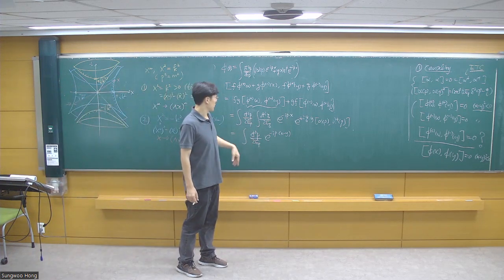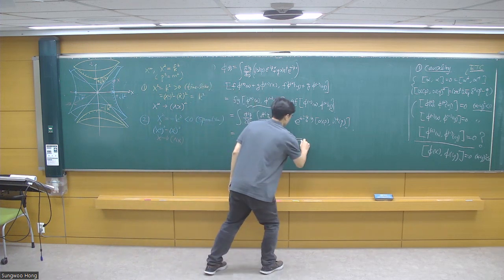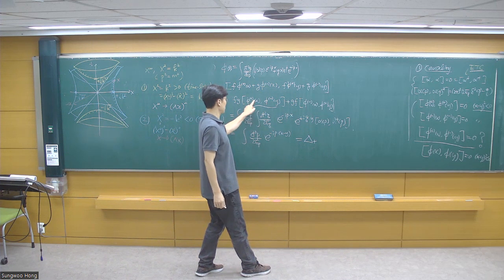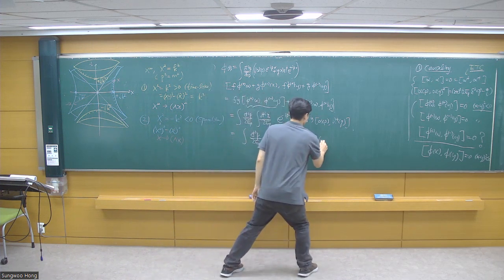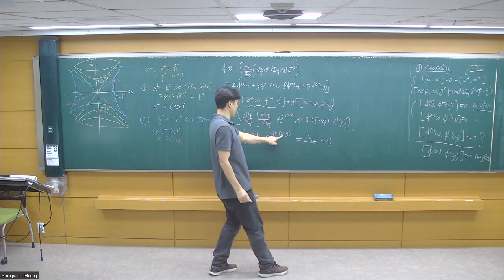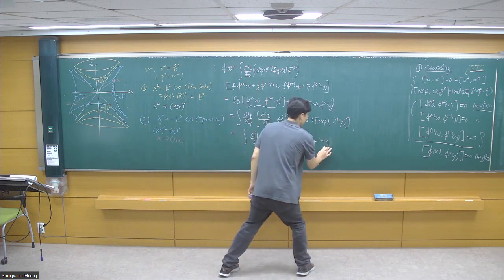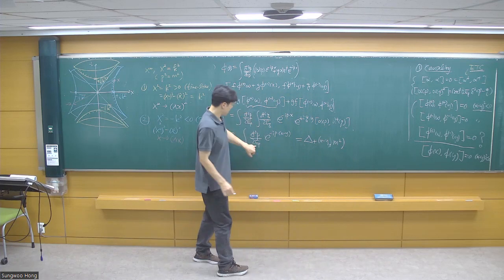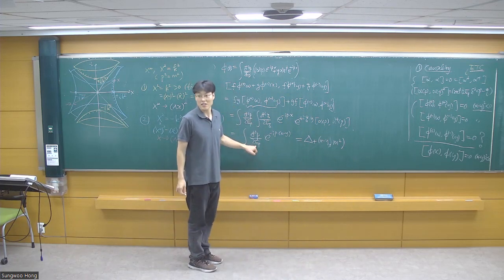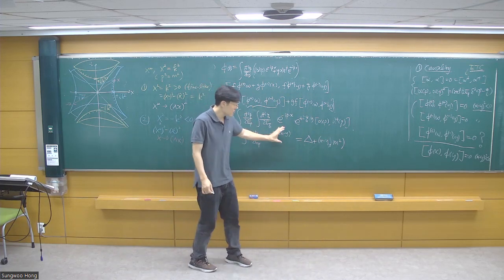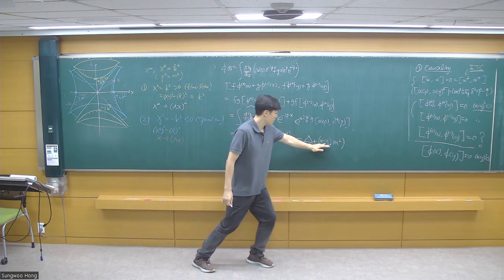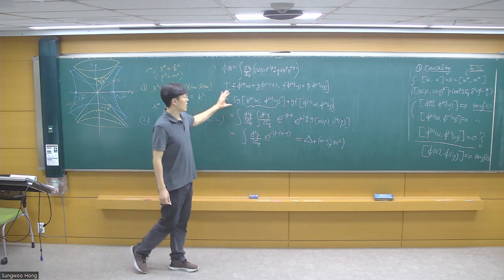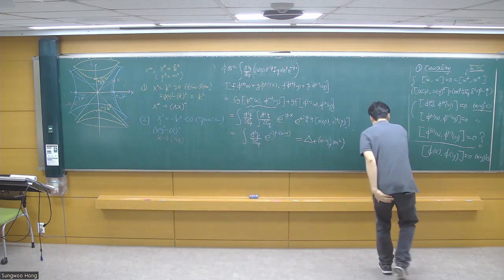Let me define this object as delta plus of x minus y, because it's a Lorentz-invariant function of x minus y, and the extra information, m squared, because the EP has mass information in it. So this is a Lorentz-invariant function of x minus y and m squared. Good. Now, what about this object? Let's write down that thing.